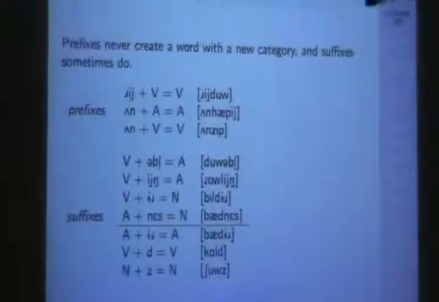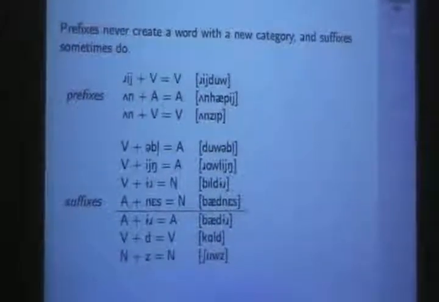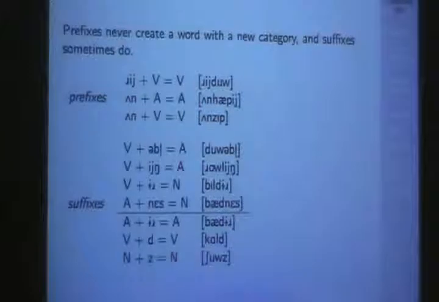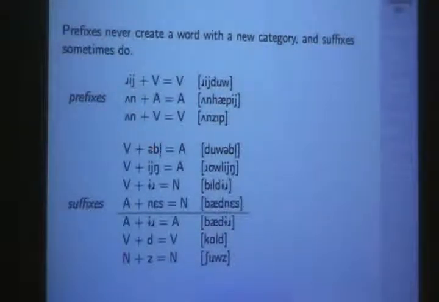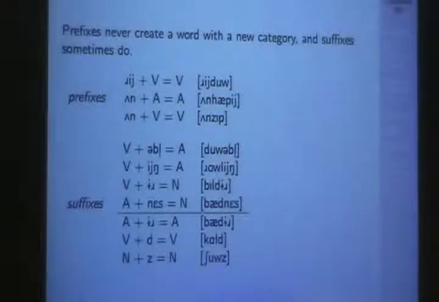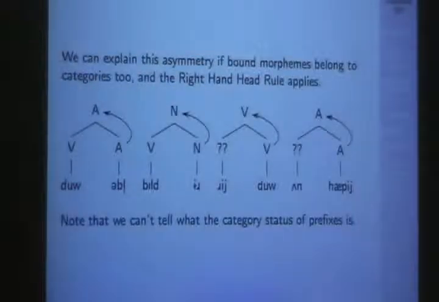These cases could be explained, would fit our generalization, if these bound morphemes also belong to parts of speech. So if able, for instance, is an adjective, then the fact that readable or doable is an adjective would follow from able being an adjective. In these cases, it's a bound morpheme. That's the head. Okay? And that's what we adopted, that view.